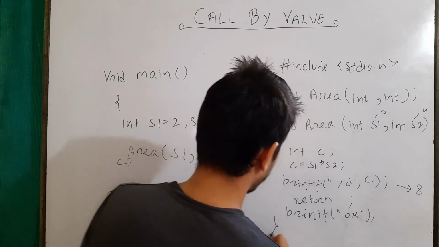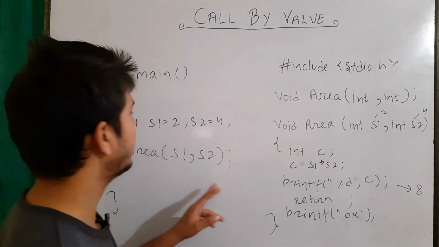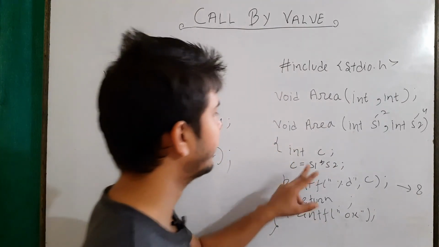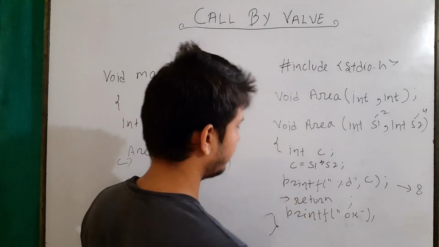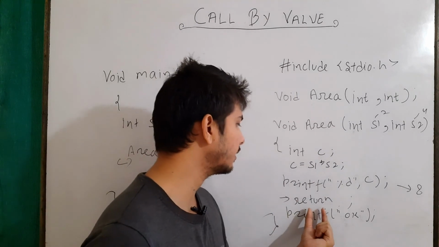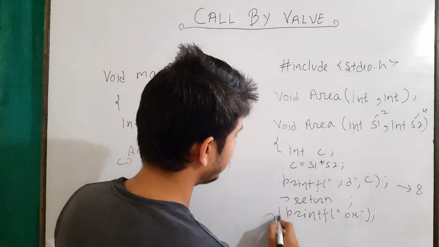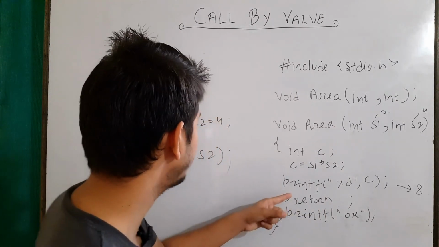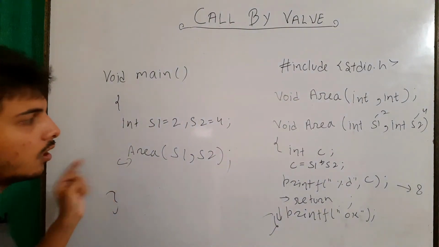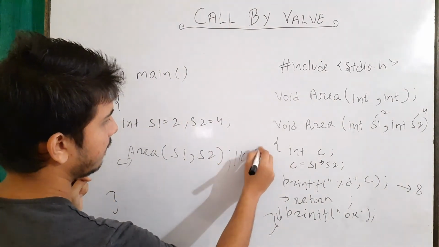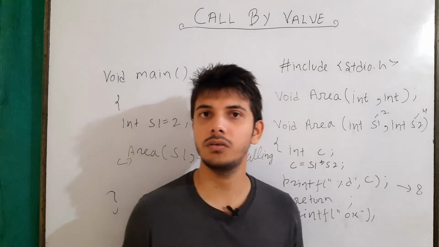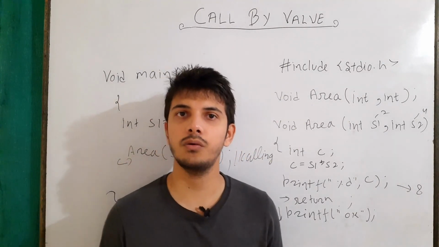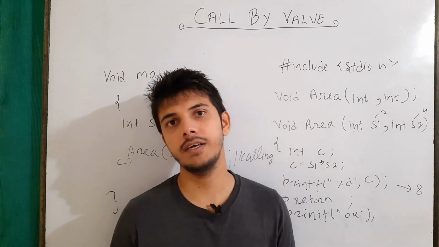Then what is happening is that first this function is called, this will be calculated, then the output will be 8, then it encounters the return keyword. As soon as it encounters the return keyword, the following statements will not execute, and the control will go back to where it was called from. So the use of the return keyword is to terminate the execution of our function and make the control go back from where it is called.